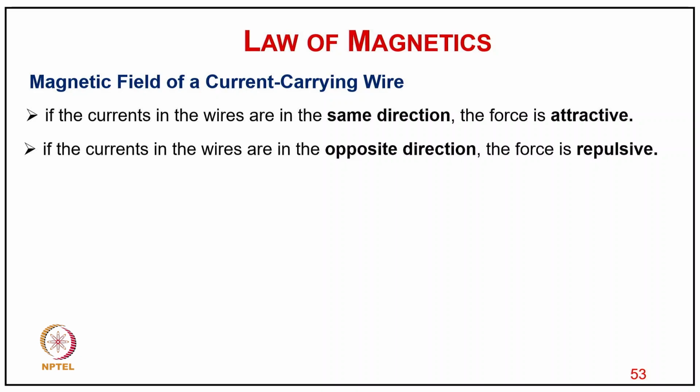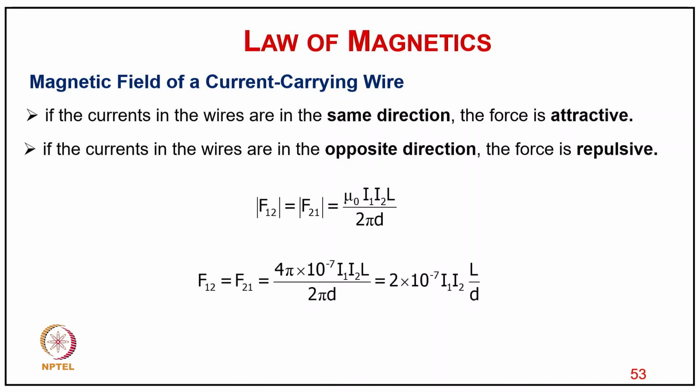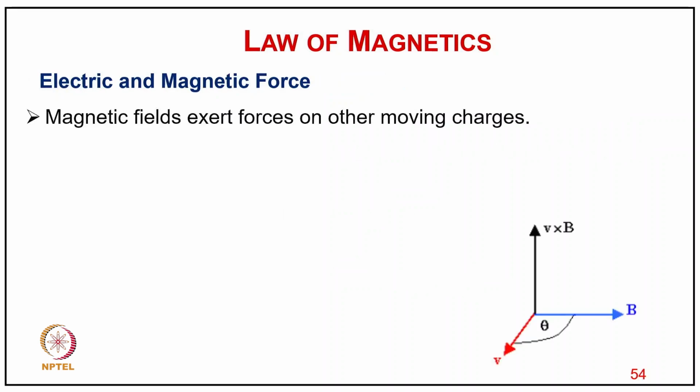If the currents are in opposite directions, the force is repulsive, and the magnitude of the force is F12 equal to F21 equal to mu 0 I1 I2 L upon 2 pi d. Putting in the value, F12 equal to F21 equals 4 pi into 10 power minus 7 I1 I2 L upon 2 pi d, and that goes to 2 into 10 power minus 7 I1 I2 L upon d.